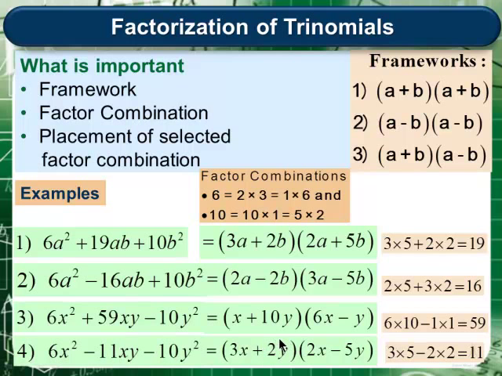So that is why we have to be very careful to select the correct factor combination in order to factorize trinomials in general. So this is then a set of examples which may be very useful as a basis to start factorizing trinomials in general, but it comes with practice, and therefore you should actually aim to do as many as possible of these examples in order to get the hang of it.